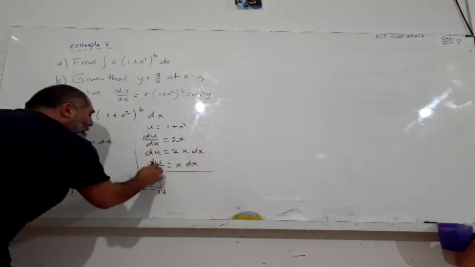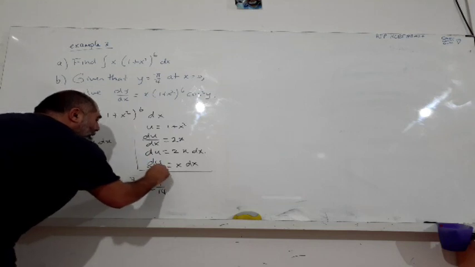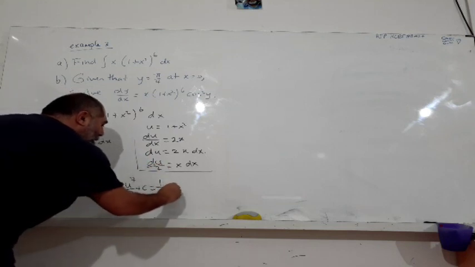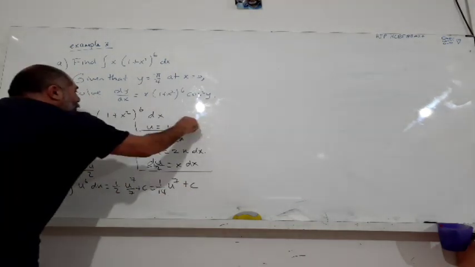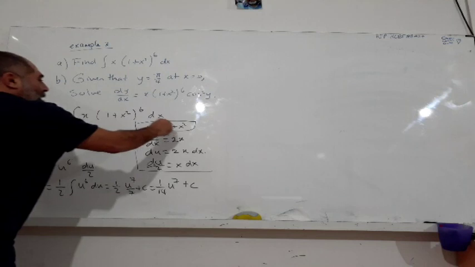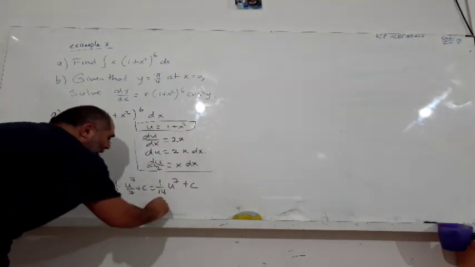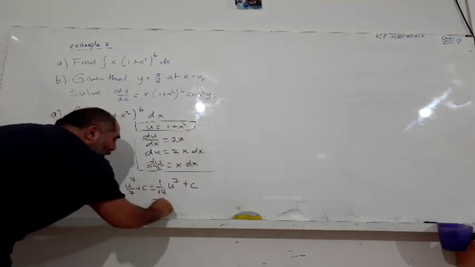And u is what? u is 1 plus x squared. So 1 over 14 times (1 plus x squared) to the power of 7 plus c is the answer.